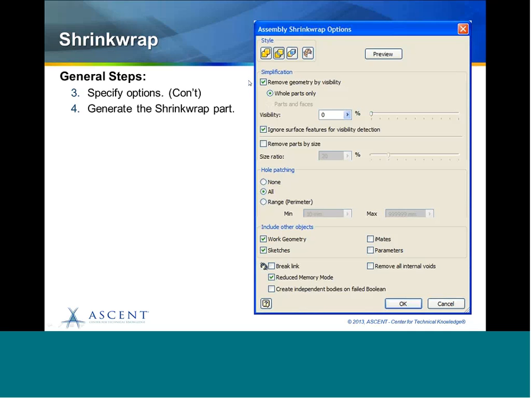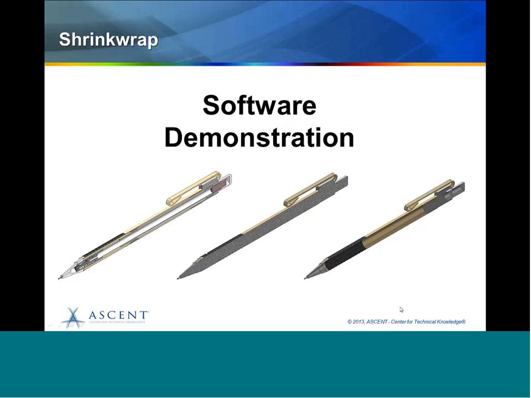You define your simplification, so how we're going to simplify the model to get it down to what you want to show. Hole patching, you can patch up some holes, as well as some other options at the bottom here. I'm not going to describe them at this point. I want to explain them once I actually get into the software and you can see how these work. Once you define all those options, it's as simple as clicking OK, and you would generate your simplified shrink wrap part.